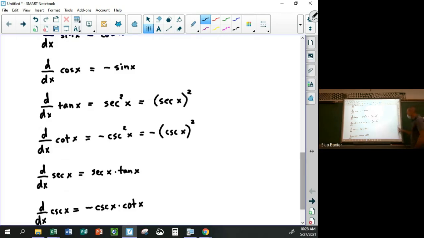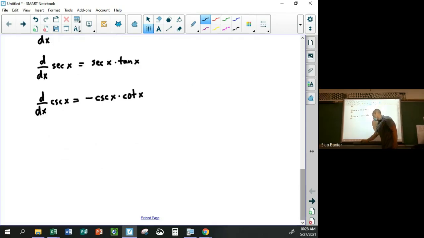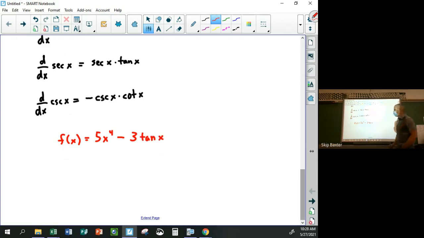But that's it. Now, if you had some combinations of these, you treat them just like any derivative rules. For example, if I had a function f of x equals 5x to the 4th minus 3 tangent x, its derivative f prime would be 20x cubed.